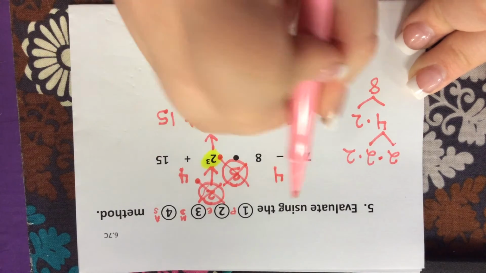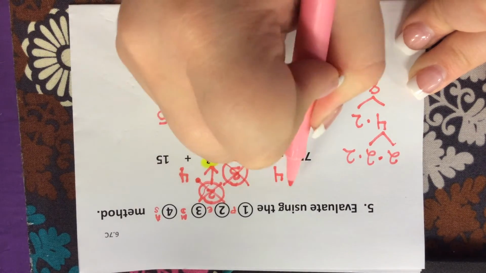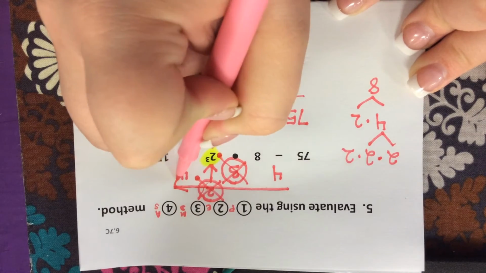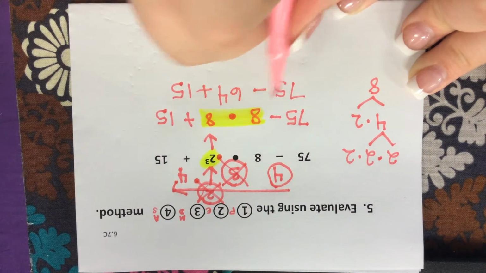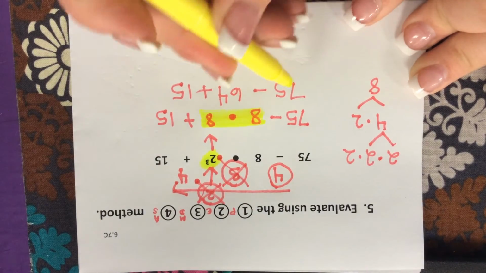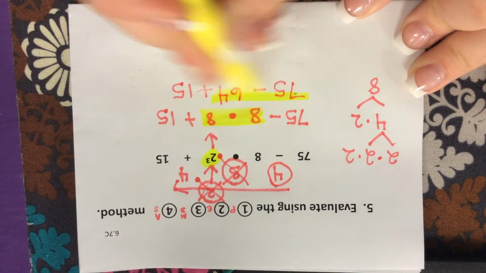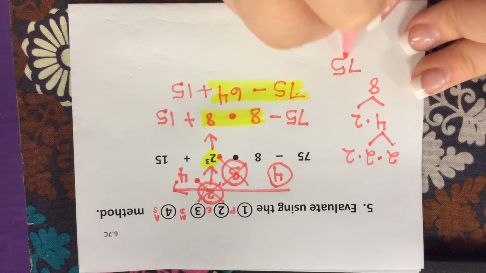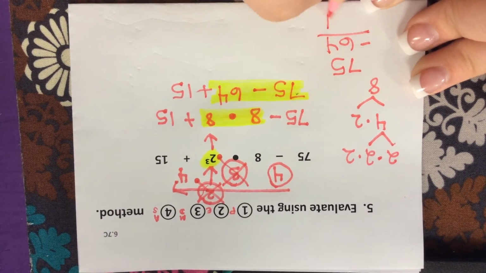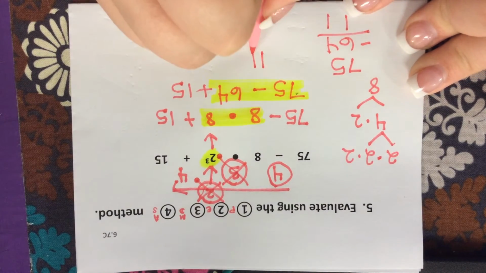I have no more step 3s, and all I have left are step 4s. I need to work my steps from left to right. So step number 4. I need to subtract, and I am now subtracting 75 minus 64. That makes 11.